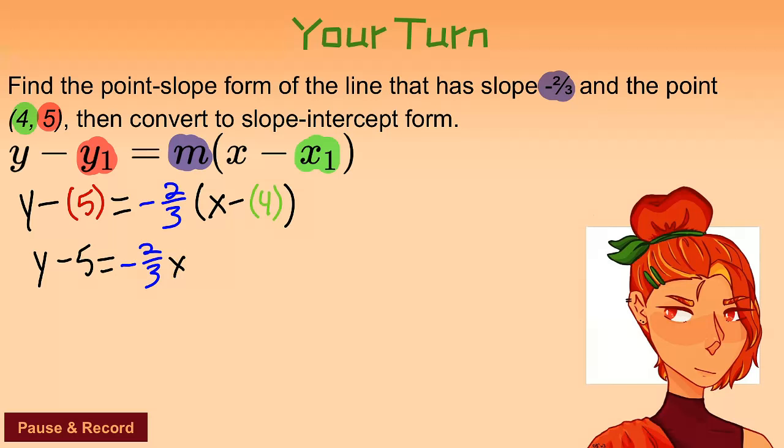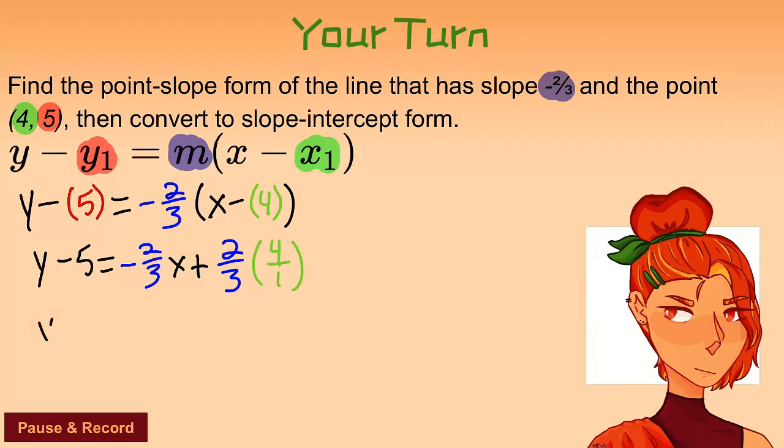And now when we distribute here, the negative 2/3 times the negative 4, it's going to be positive 2/3, and I'm going to just do it like this at first, times 4/1. So I'm going to do that first step there, so maybe you can see the multiplication a little easier.